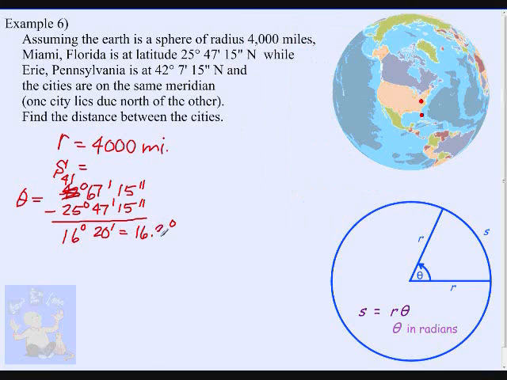So now we cannot put degrees into our formula. We're going to use this formula. We have to know what this is in radians. So what is 16.3 in radians?